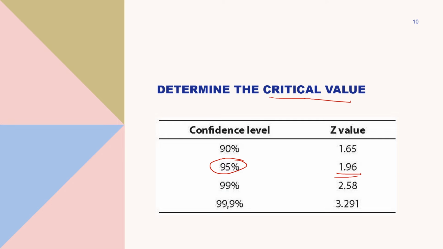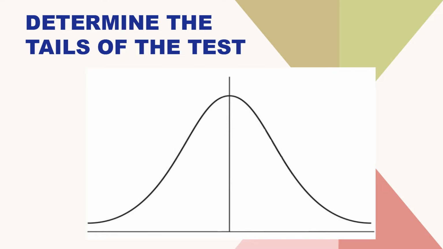Now let's try to illustrate that using the Gaussian curve. Here is the Gaussian curve. So in this example, or rather in our previous lecture of statistical hypothesis testing, we found out that each side is equal to an area of 0.5.